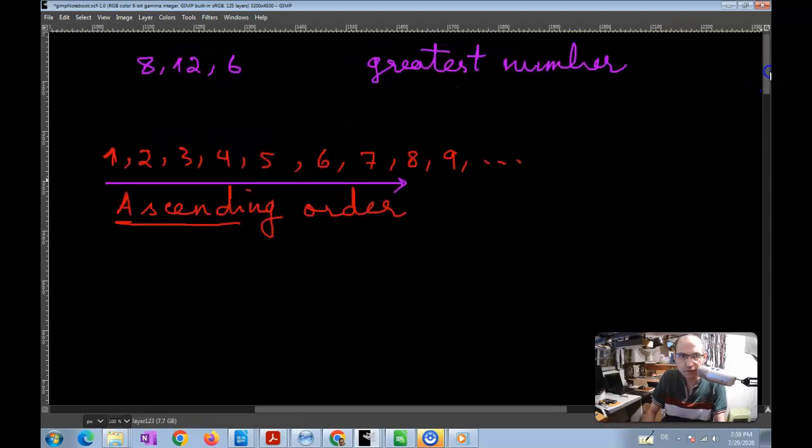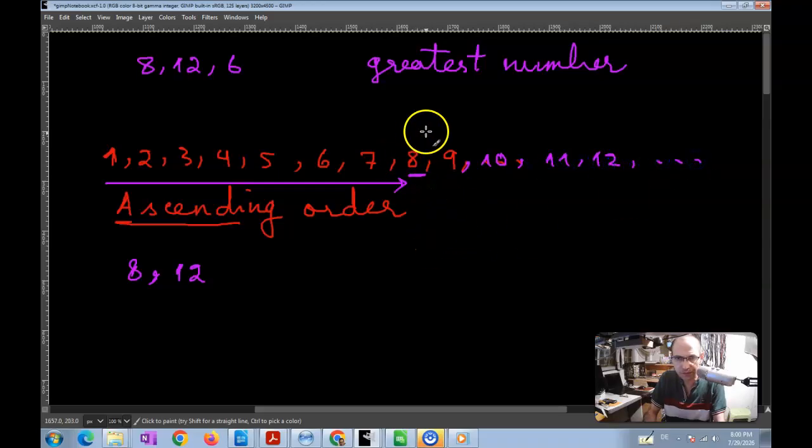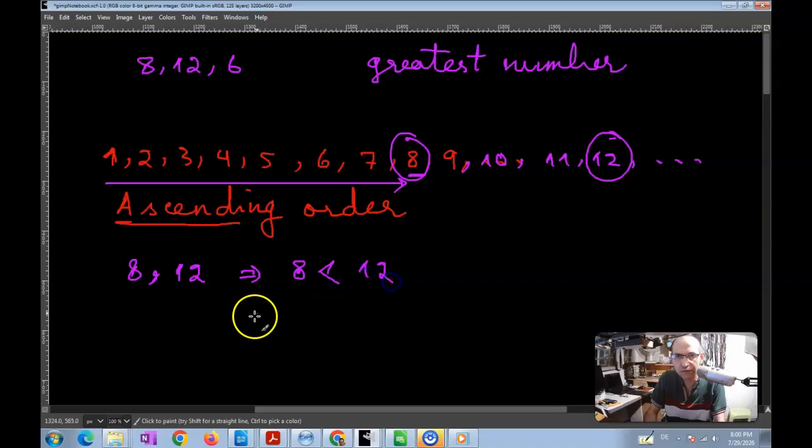Meaning that if you have your numbers, for example, 8 and 12, and you were to compare them, you see that 8 is over here, and then you have 10, 11, 12, and so on. You see that 8 comes over here, 12 comes over here. Because 8 is located on the left hand side of 12, we can say that 8 is less than 12, right?